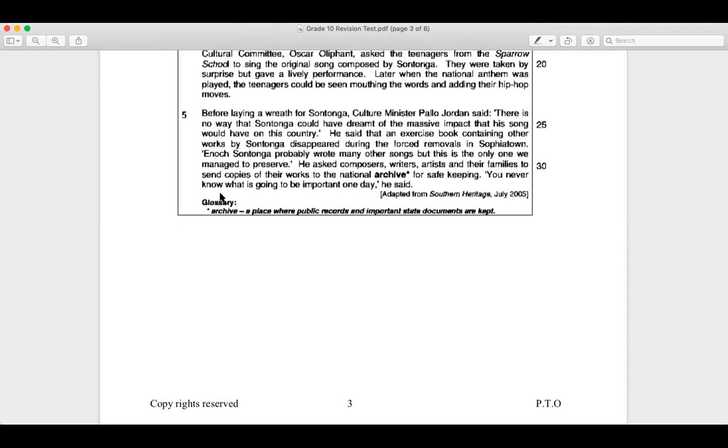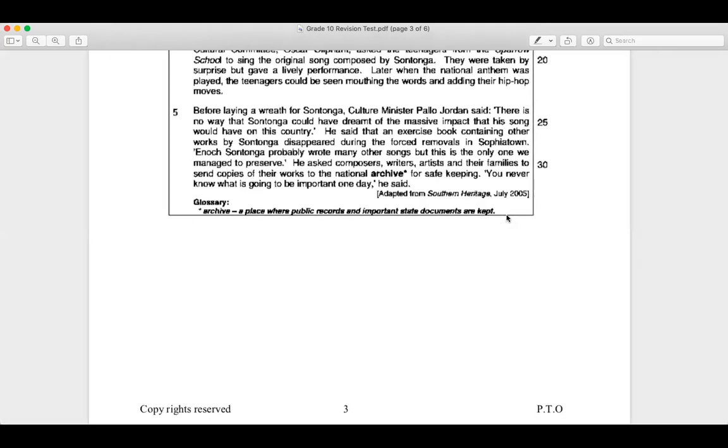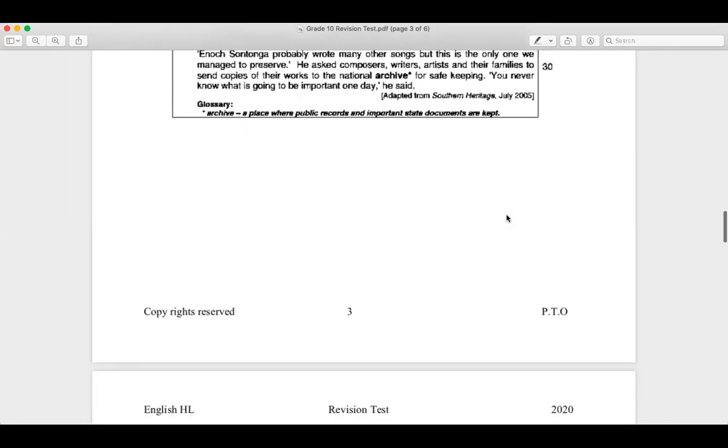There's a footnote there on the meaning of archive, where an archive is a place where public records and important state documents are kept, okay, for safekeeping. You never know what is going to be important one day, he said. This was adapted from the Southern Heritage, the Southern Heritage in July 2005.